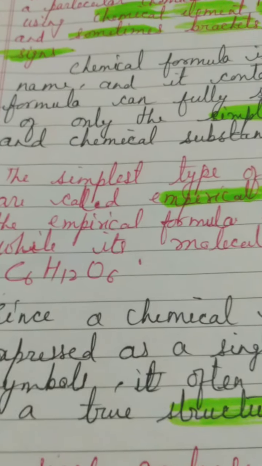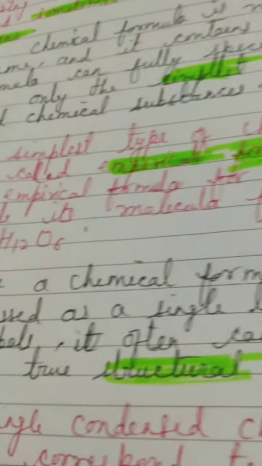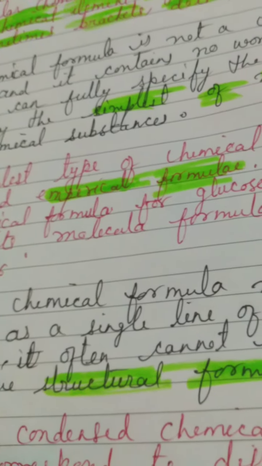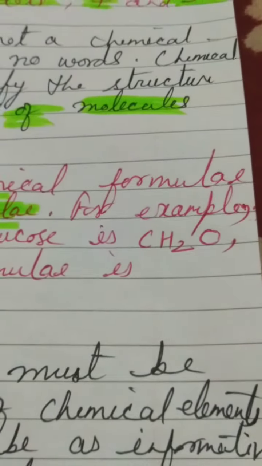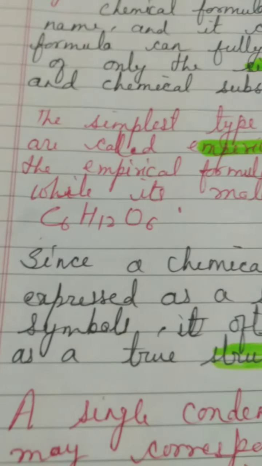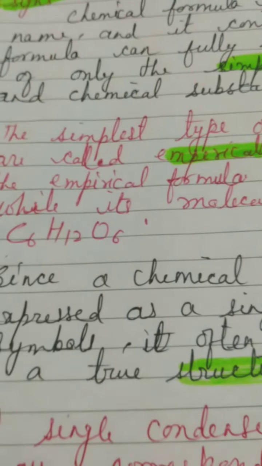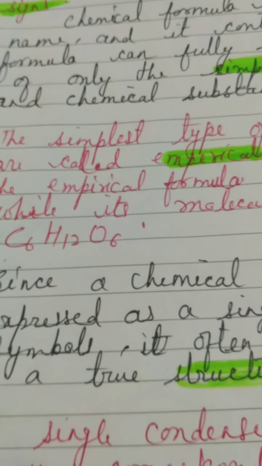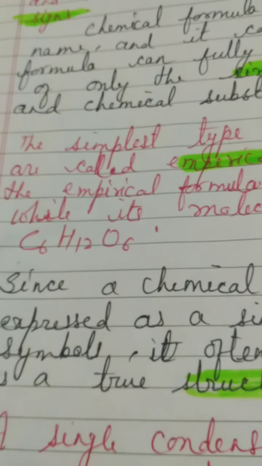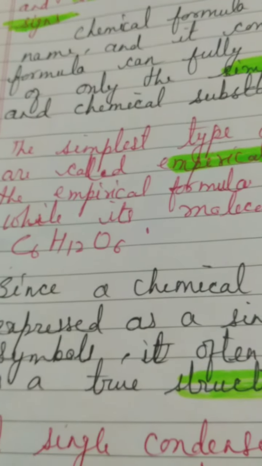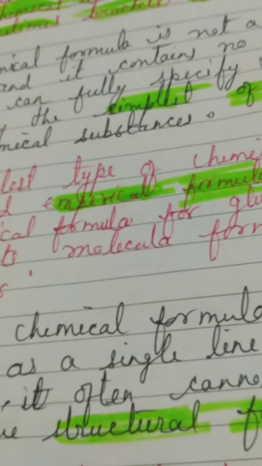For example, glucose has the empirical formula CH2O, but its actual formula is C6H12O6. So we take its smallest ratio, dividing by 6, giving CH2O, and that is the empirical formula.